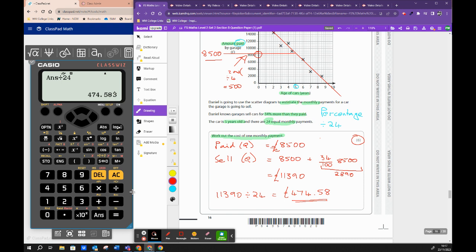Okay, now I'm going to do a little bit of a rounding check there. So 500 times 24 is 12,000. So I'm happy about that.